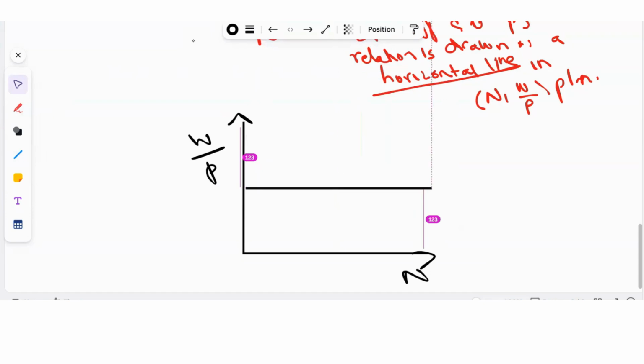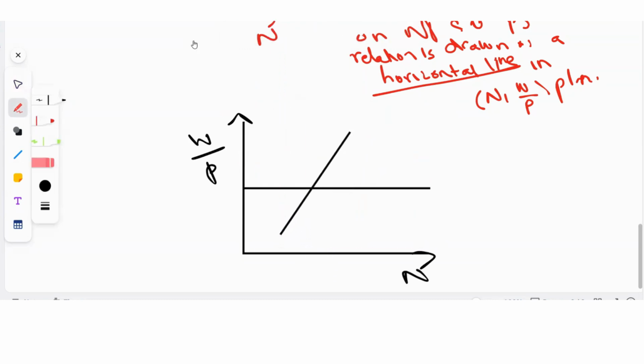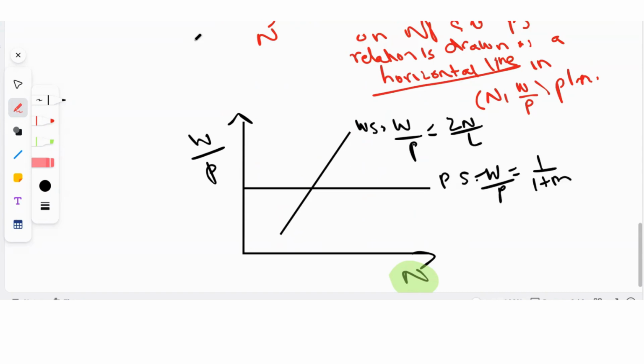The price setting curve is a horizontal line at the level of real wage implied by price setting. And we have an upward sloping WS curve. The reason it's upward sloping is because we have n over here instead of u. If we had u, then we saw in part B it's downward sloping. So this is WS, which is W by P is equal to Z times n by L. This is PS, which is W by P is equal to 1 by 1 plus m, drawn as a horizontal line at 1 by 1 plus m.